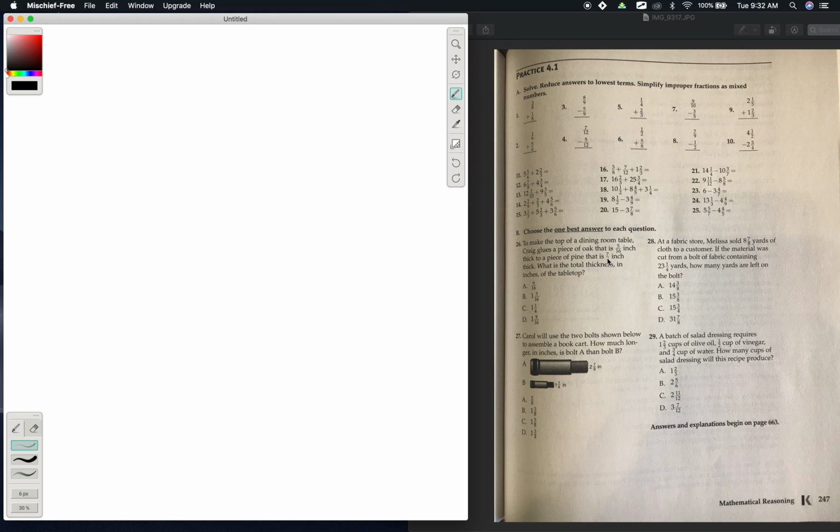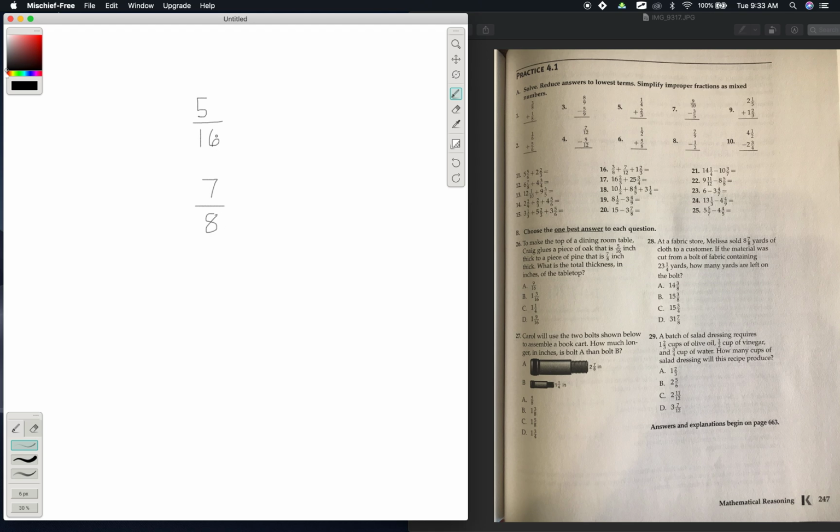Okay, so we know that we have to combine the two, especially if they're looking for a total thickness, which means we need to add those two together. So same exact process as we've been doing this whole time. Again, we need to make the denominators alike.